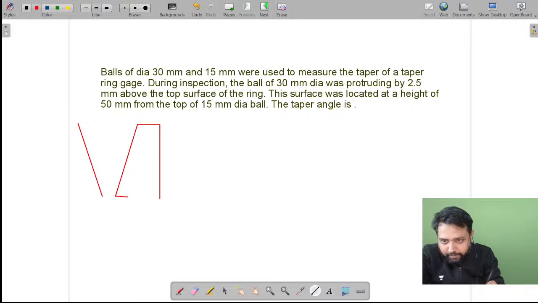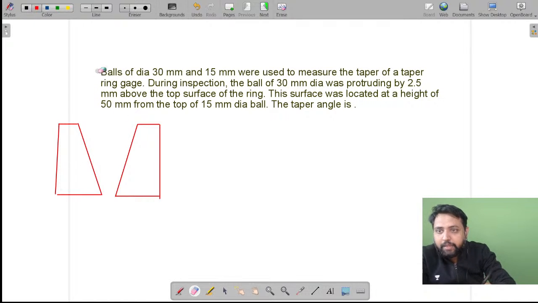Let us say this is the taper ring gauge that we have. And we have this 15 mm dia ball as well, let us say somewhere here.